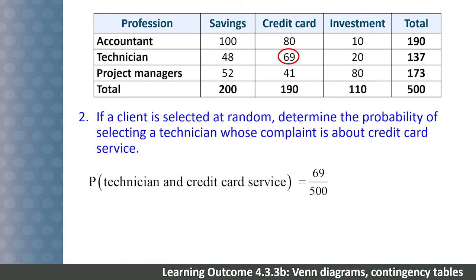This gives us 69 out of a total of 500. So the probability is equal to 69 divided by 500, which is 0.138. Let's give our answer as a percentage to make it easier to interpret. So the probability of selecting a client who is a technician and complaining about credit card service is 14%.